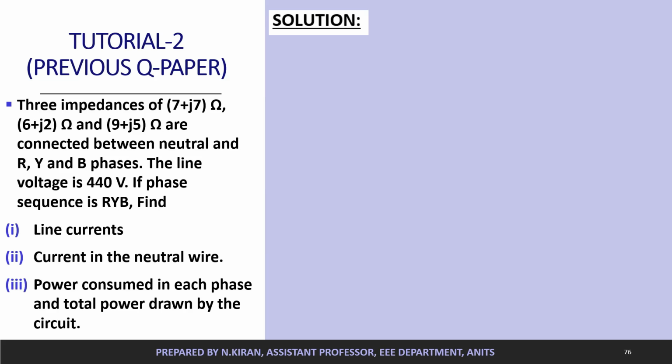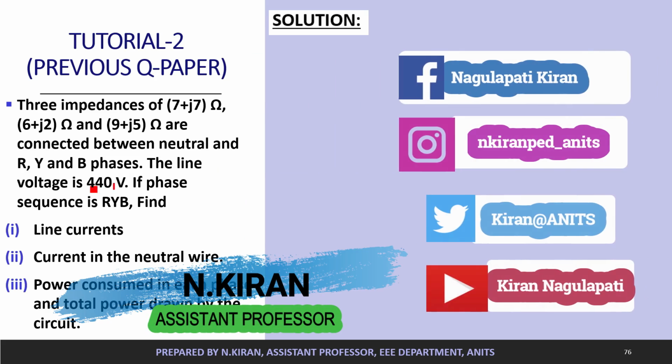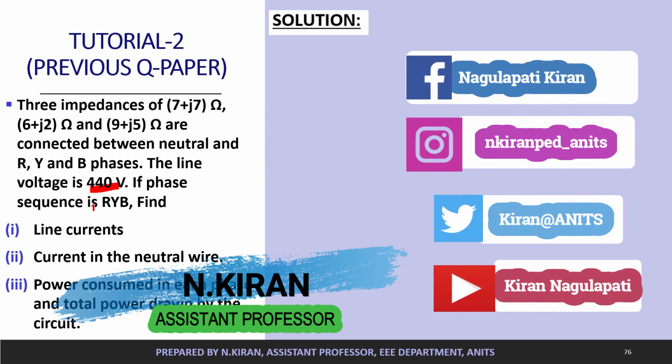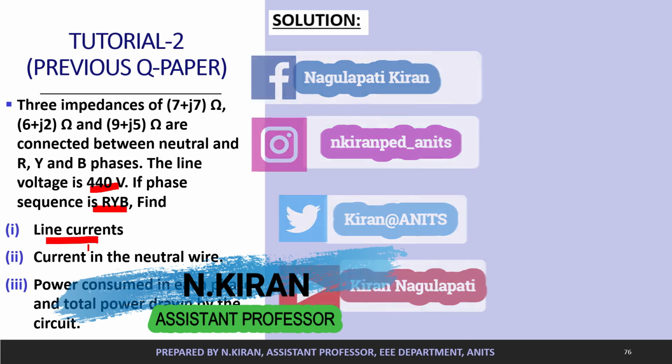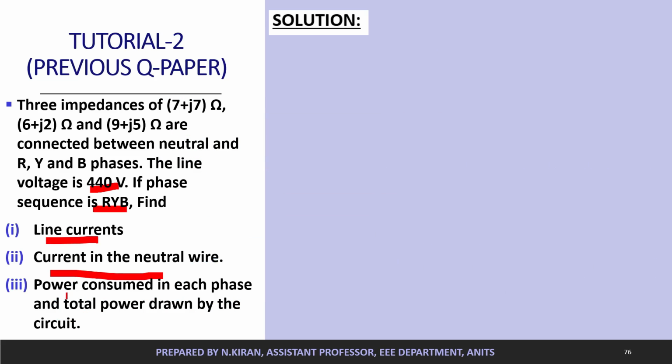The second tutorial: three impedances are connected between neutral and RYB phases. The line voltage is given as 440 and phase sequence is given as RYB. Line currents, neutral current and power consumed, the total power drawn by the circuit, must be calculated.